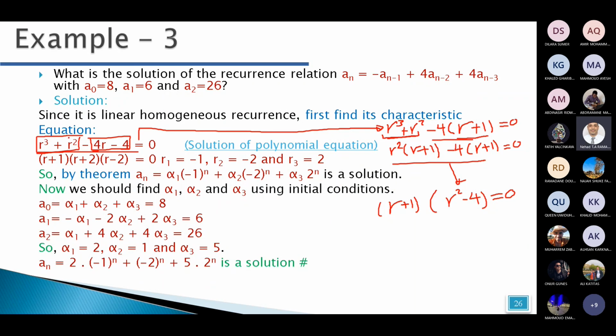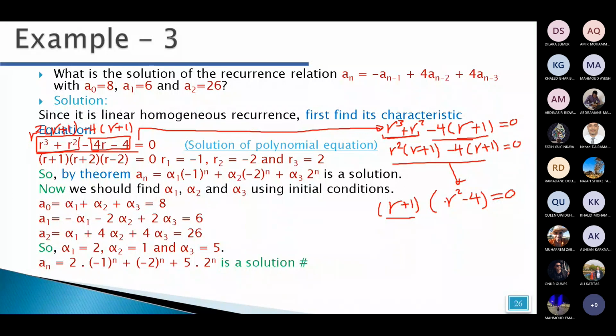Why R plus 1? Because we can take R power 2 outside, and then R plus 1 remains here. And we can take minus 4 outside, so we will have R plus 1 inside. So then R plus 1, we take it as a common factor, then what do we still have? R power 2 minus 4.